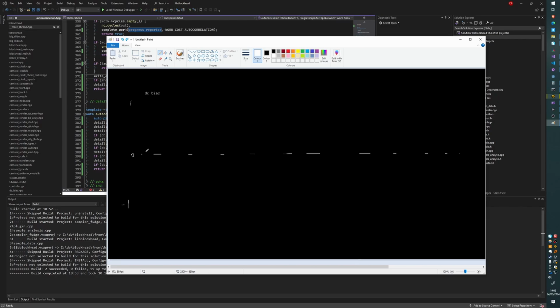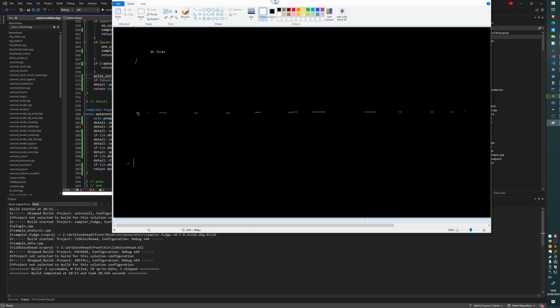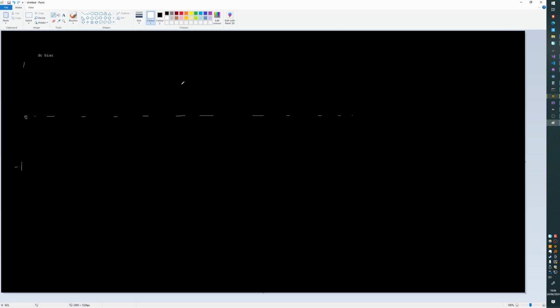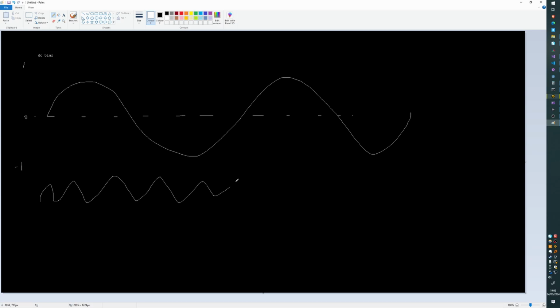Basically, all anyone has to say about correcting DC bias is to use a high pass filter, and it's sort of easy to understand why a high pass filter would work, because, for example, if you have a low sine wave that's like brrr, like that, and maybe you also have a high sine wave that's like beep.